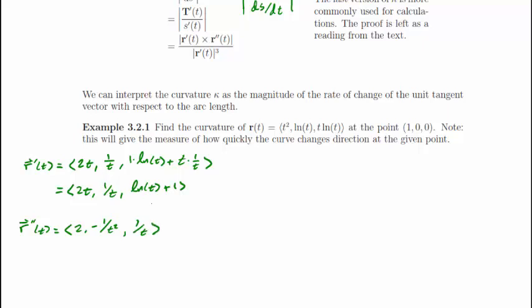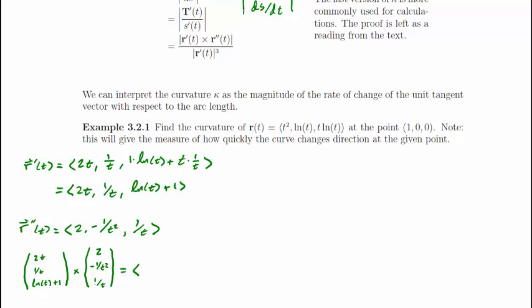Now I want to take the cross product of r prime and r double prime. So I have 2t, 1 over t, and the natural log of t plus 1, crossed with 2, negative 1 over t squared, and 1 over t. I write these vertically because now I can see that for the first component of the cross product, I ignore the top row and use the determinant of these bottom four components.